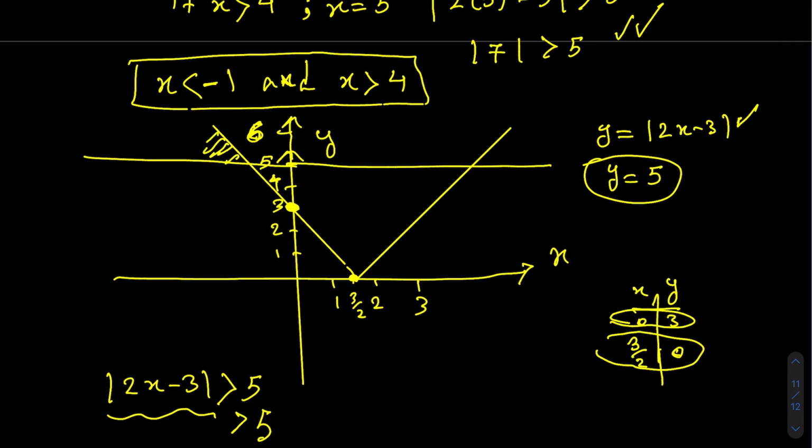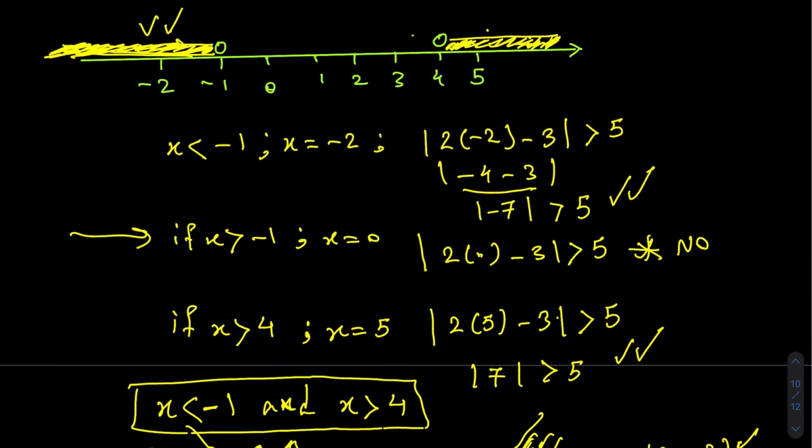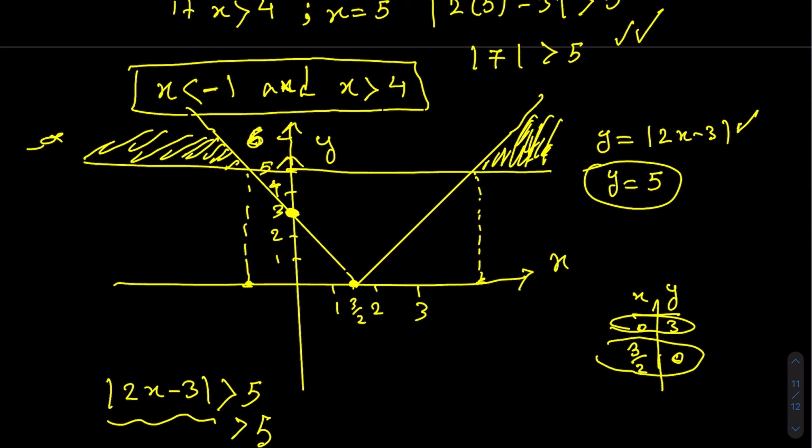This area, which I am showing until negative infinity, is above y equal to 5. Therefore, this area belongs to our answer. If we find the values on the x-axis, these are the critical values that we have already found, and this is the answer: one is -1 and the other is 4.